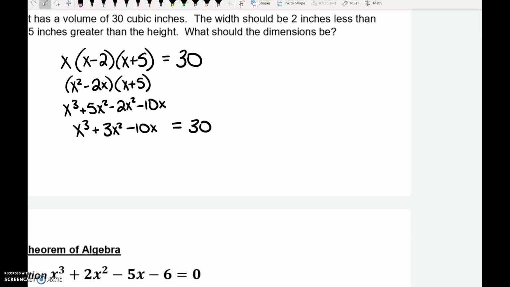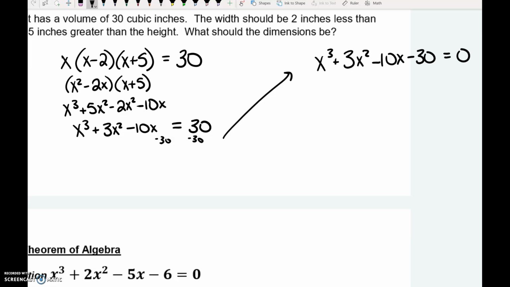So once I multiply that out, I have x cubed plus 3x squared minus 10x equals 30. In order to solve this, we have to have the right side equal to 0. So what we need to do is subtract 30 on both sides. That will give us x cubed plus 3x squared minus 10x minus 30 equals 0.